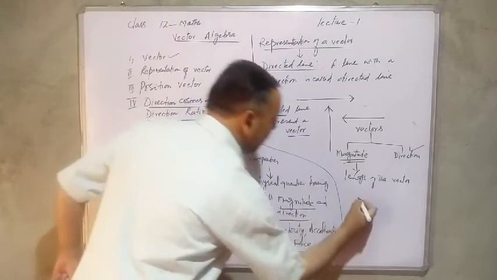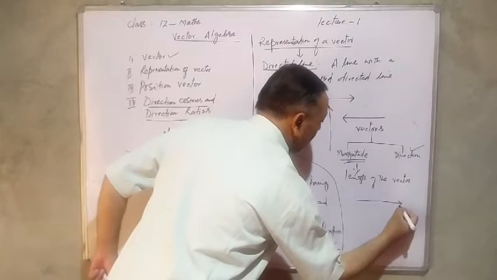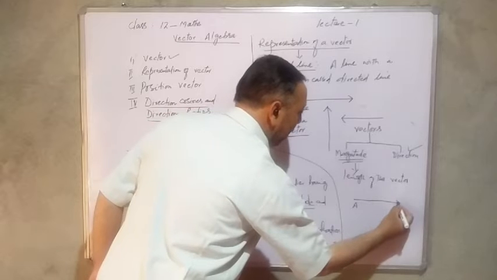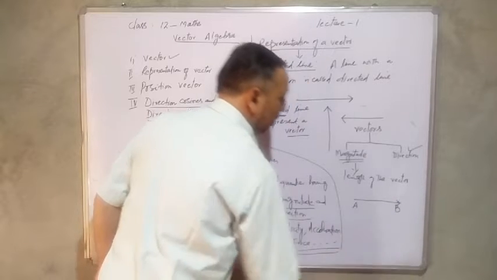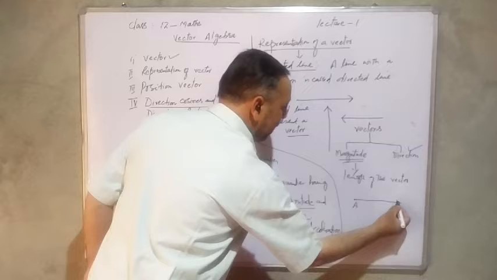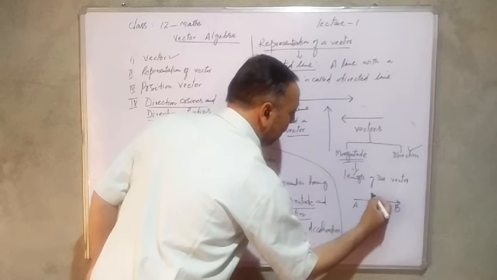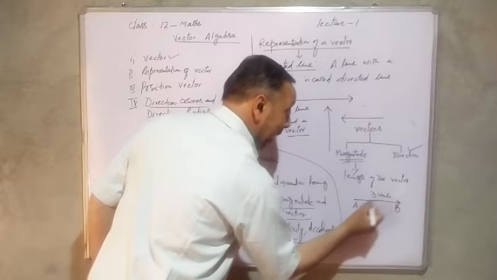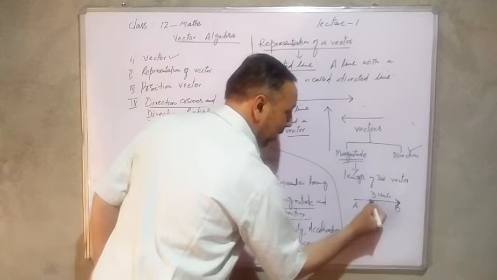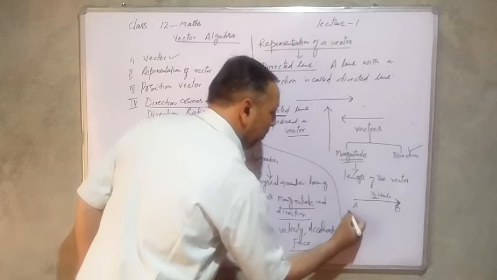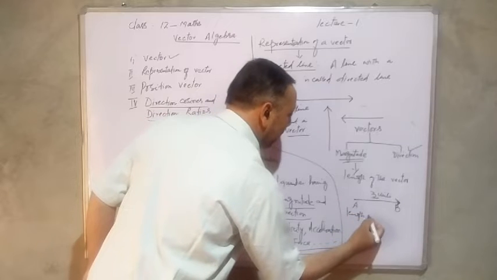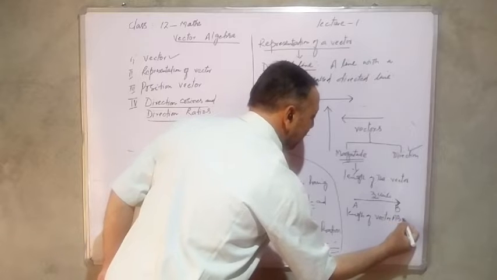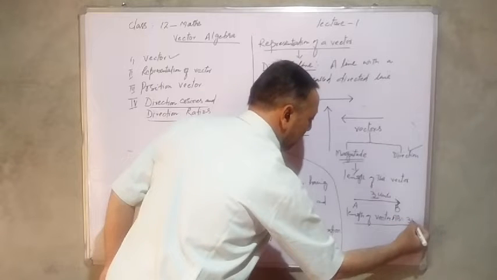For example, let me take a directed line. Name this as A and this as B. If I say that the length of this AB is 3 units, that means the length of vector AB is 3 units.